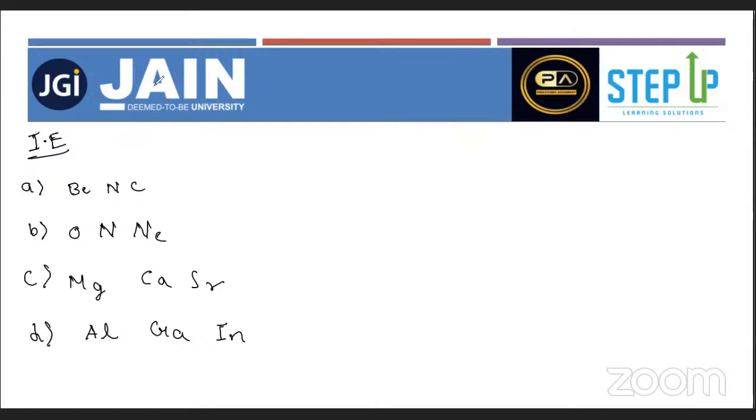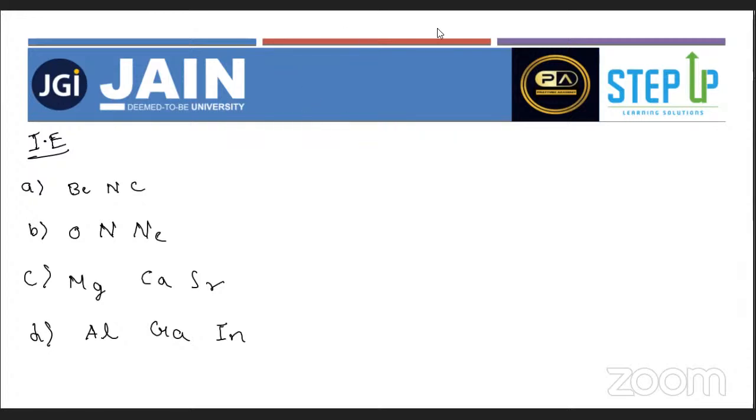Yeah, you have to compare the ionization energy. Okay, first answer we have N, C, B. Beryllium, carbon, nitrogen, two answers.